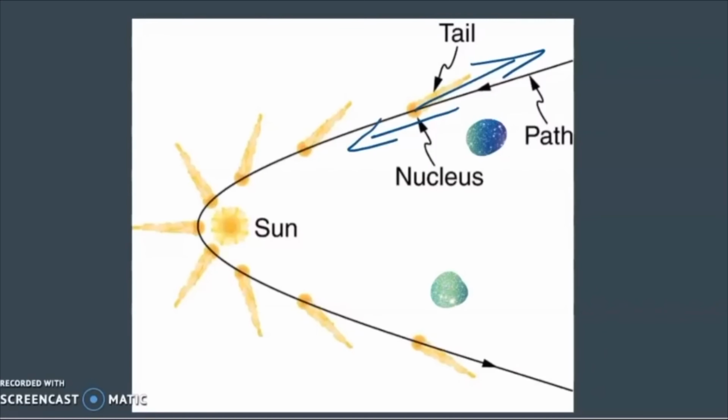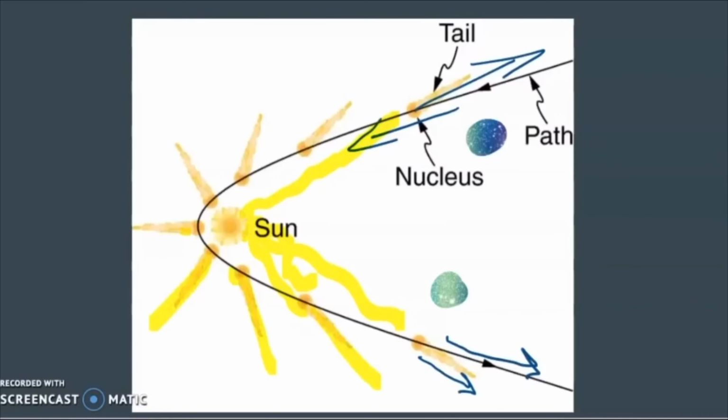But if we were on the opposite side, and the comet's flying past us, but the tail is going in the same direction, that's the inverse of what intuition or classical physics would say. So the answer is that the tail is always pointing away from the sun. Here I've highlighted photons being emitted from the sun, and these are going to hit the comet and blast little things off. So the tail is always facing away.